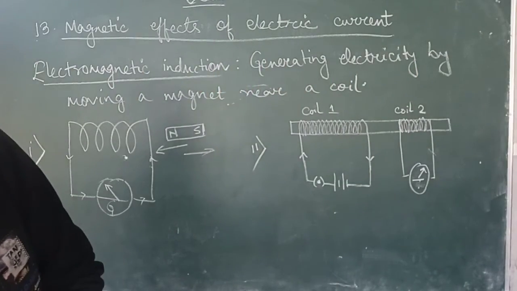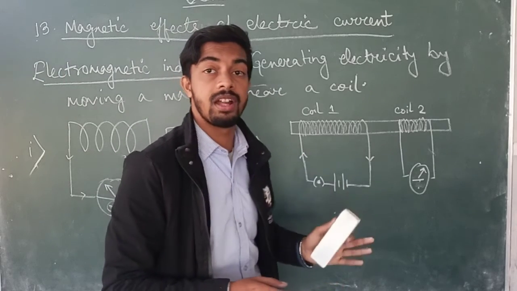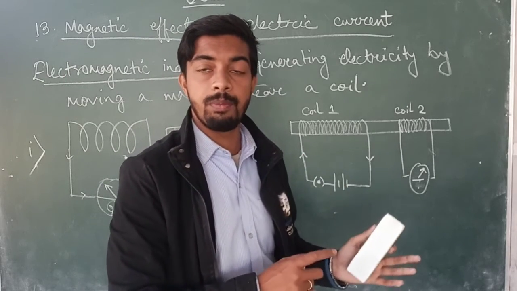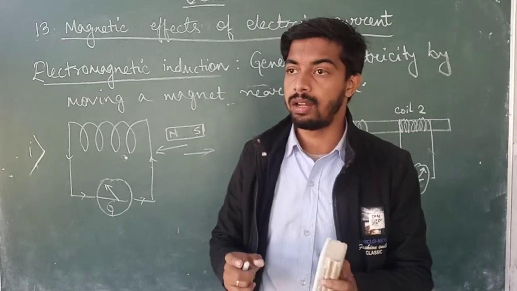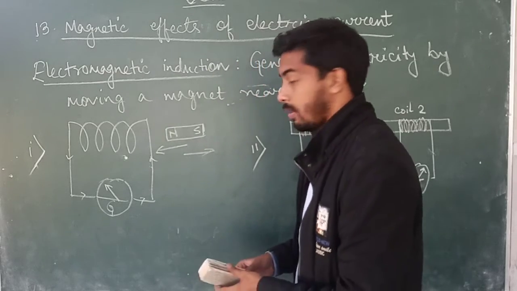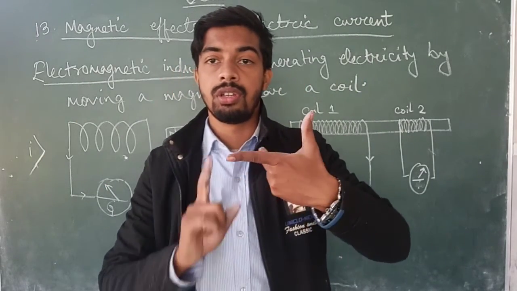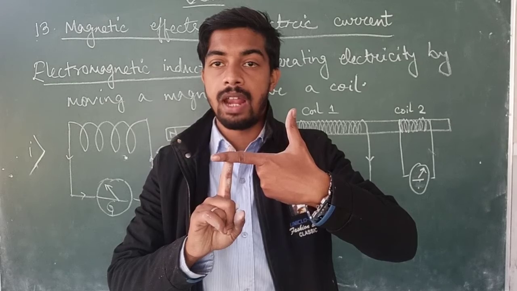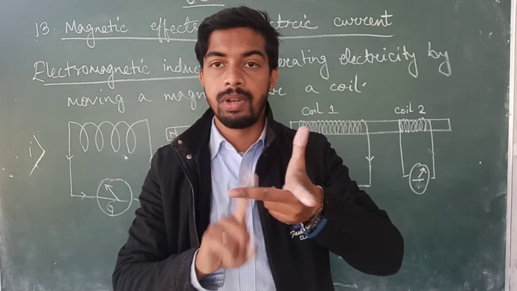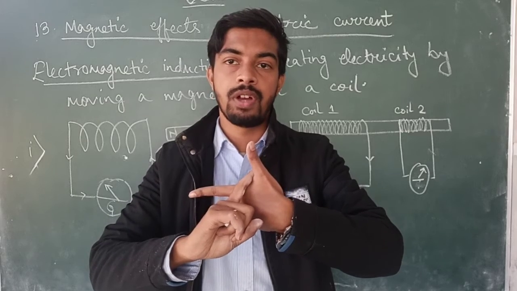Now we'll see in which direction this current will be generated. Like we learned previously in the force due to a current carrying conductor, there we learned Fleming's left hand rule. So the forefinger was the direction of magnetic field, the middle finger was the direction of electric field, and the thumb shows the direction of current.